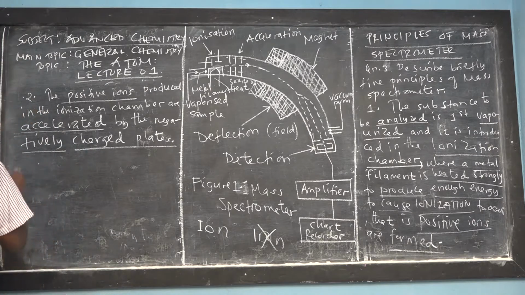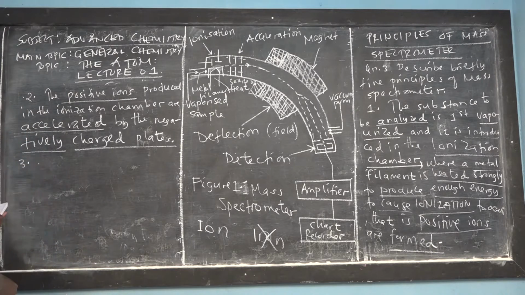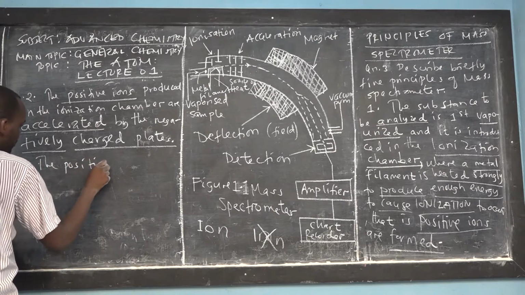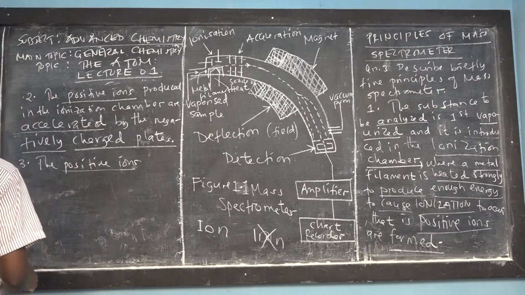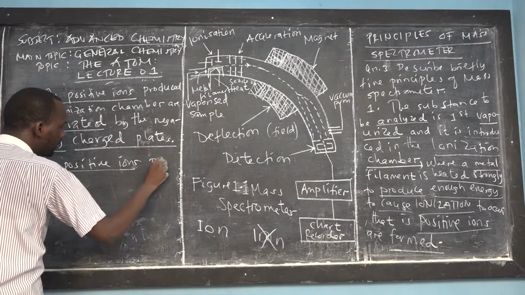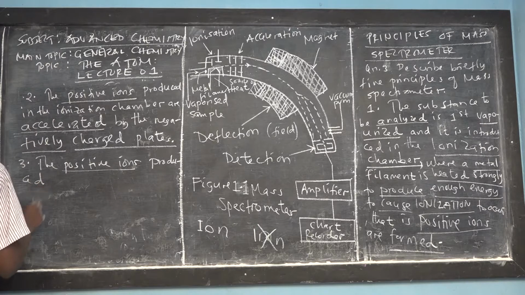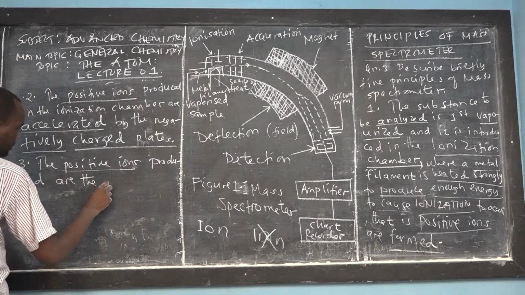So the third principle, we said that the positive ions produced are then deflected.